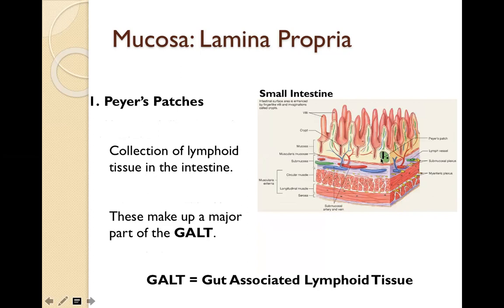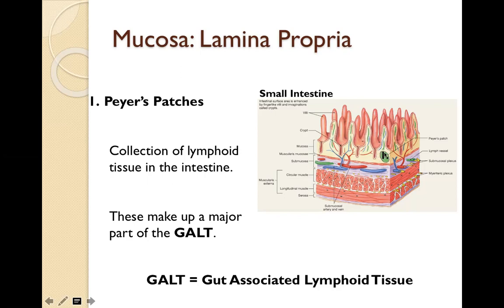One thing to make note of is this green circular structure within the lamina propria. And if you looked at the lamina propria, you'd see these green structures scattered throughout. These are called Peyer's patches. A Peyer's patch is just that collection of lymphoid tissue that we talked about earlier, that gut-associated lymphoid tissue.